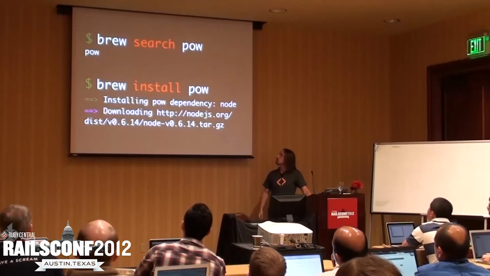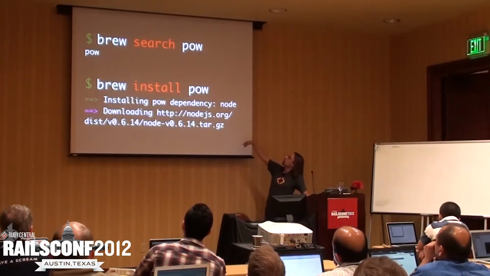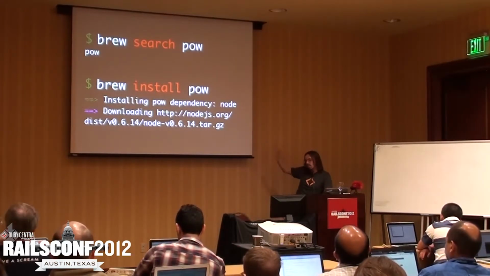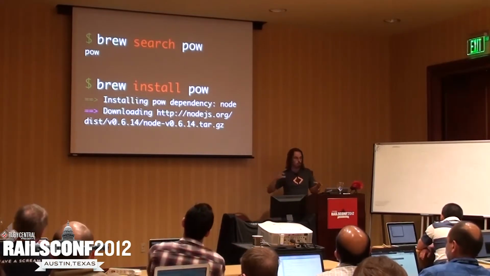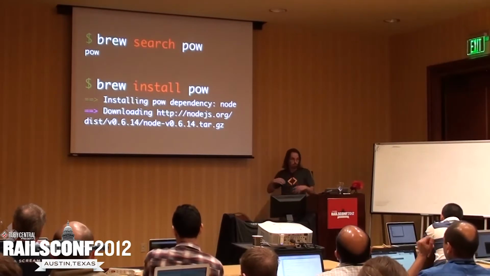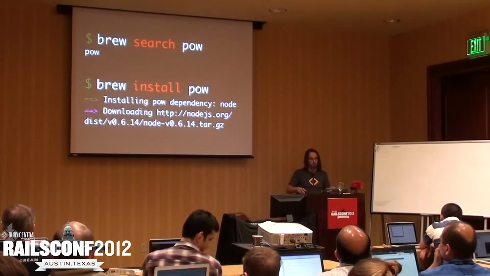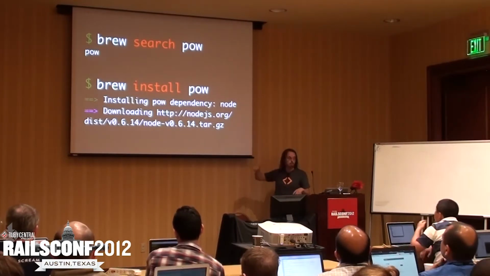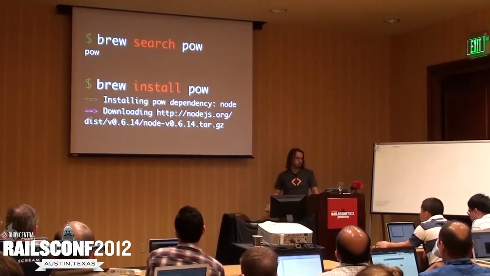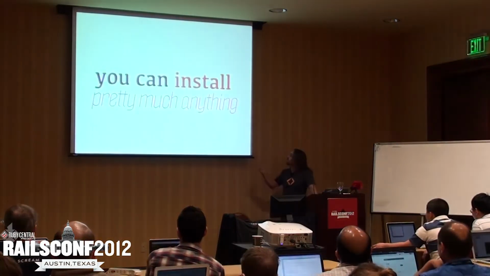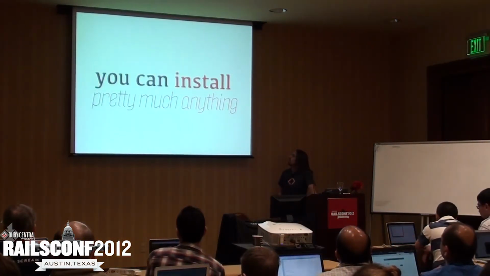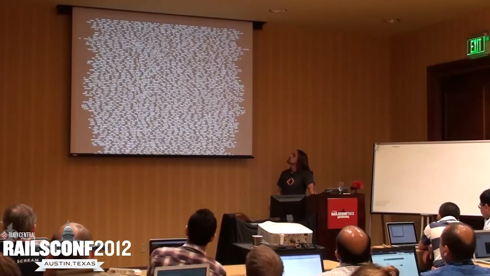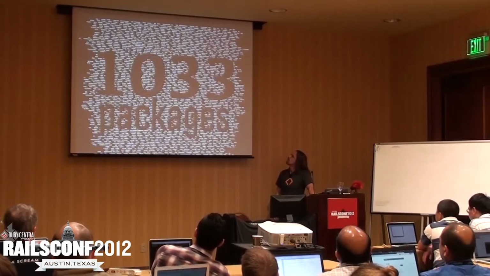Some package managers on Linux do this, but this is a really neat way to not worry about configuring a tool before you install it. Homebrew does that for you. It figures out that POW needs node, downloads and installs node for you, and that is great. You can install pretty much anything with this tool. So you'll see there's a lot of stuff, all these guys.